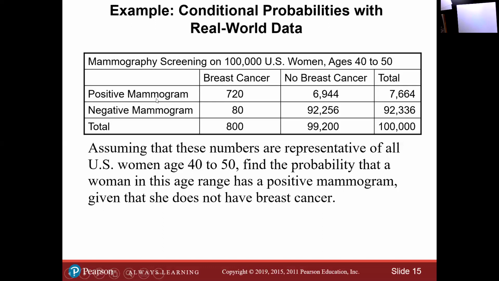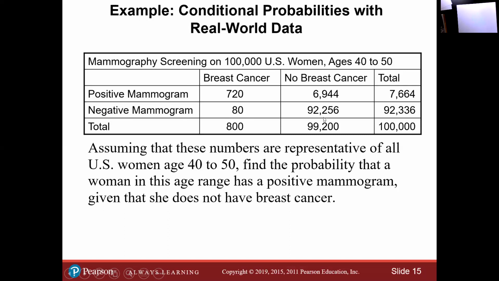So if you look at the positive tests, 720 people had a positive test and did actually have cancer. 6,944 had a positive test but did not have breast cancer. So that's a false positive test. Here, negative 80. 80 people had a negative test result, but it turns out they actually did have cancer.